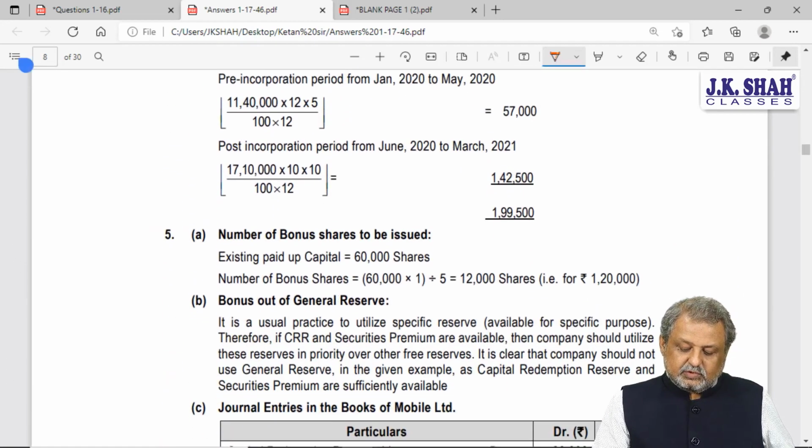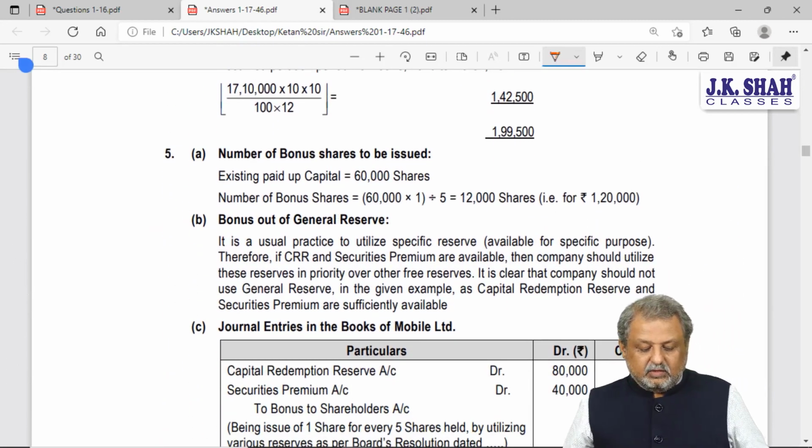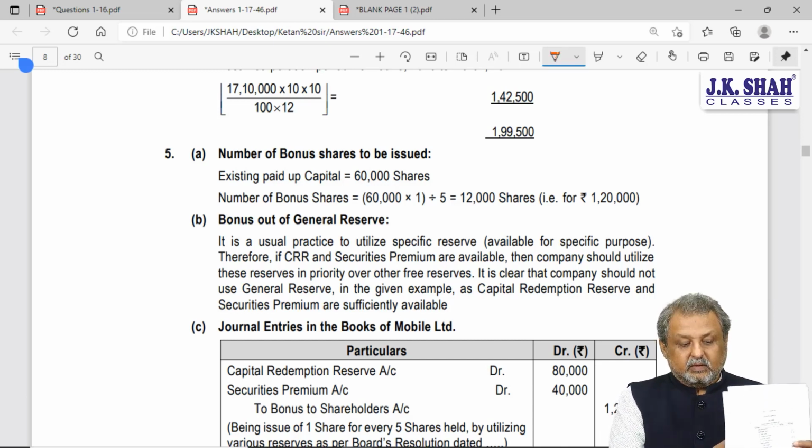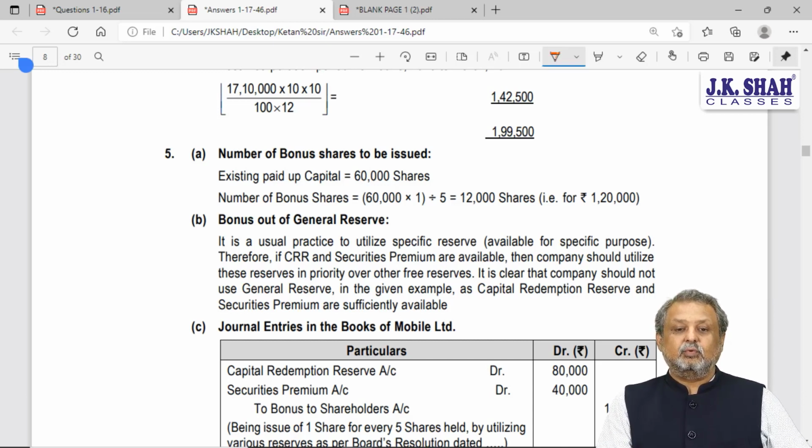As I keep on saying, you can do the working note in any manner as you like. There is no hard and fast rule that you have to do it in a particular manner only. Presentation is all up to your comfort zone. There is no prescribed format given by the ICAI.